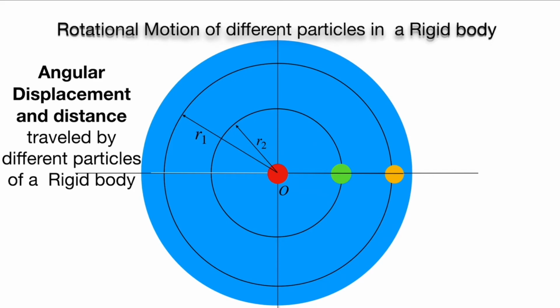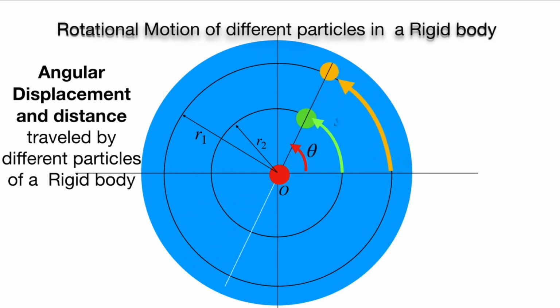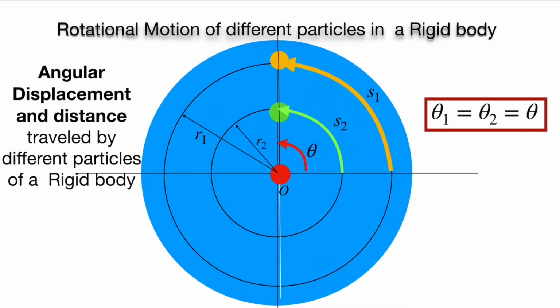When the disk rotates, these stickers also rotate with the disk and cover an angular displacement of theta. Here you see the angular displacement done by the green and yellow stickers is the same and equal to theta.